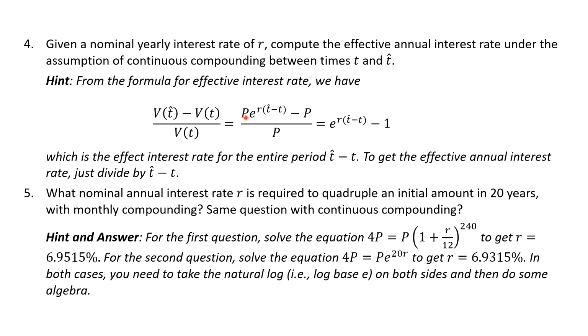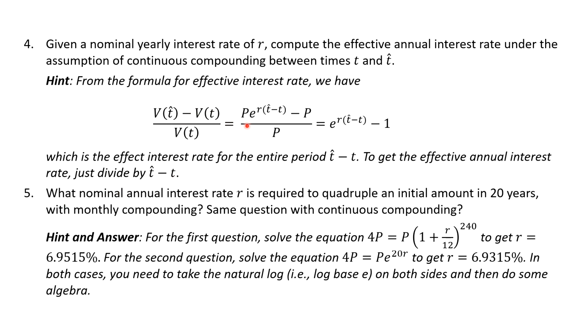We would use the continuous interest formula to figure that out, given that you had P amount of money when you started, and the length of time that transpired was T hat minus T. Then you just cancel out the P's and you get this. This is the effective interest rate over the entire time period. To get the effective annual interest rate, we just need to divide by T hat minus T. So I pretty much gave you the answer on this one.